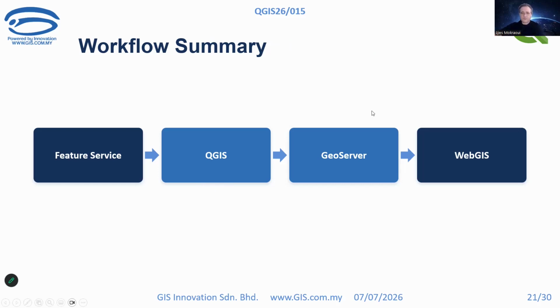I mean, from QGIS, you can send your data to GeoServer, and then the feature services will be able to be streamed through the WebGIS. So this is not a workflow that you have to bind to, saying that this is the only workflow. It depends on different cases and how the workflow will have to be done.